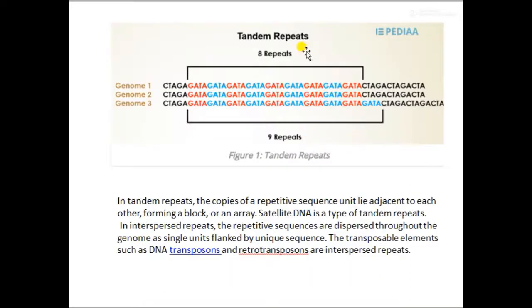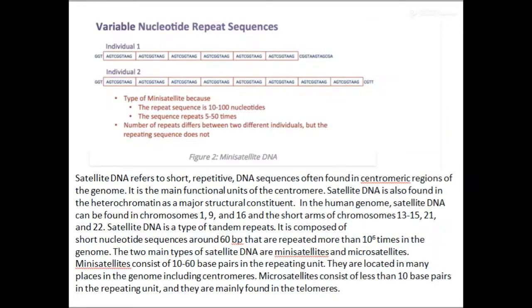Now, coming to tandem repeats, this is what a tandem repeat is. After that, let's talk about minisatellites and microsatellites. Coming to satellite DNA, mainly you have two different types: microsatellites and minisatellites.